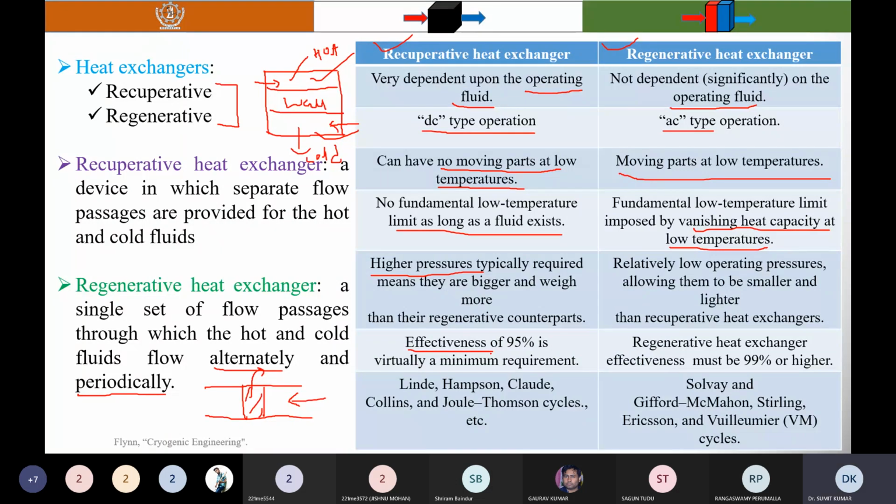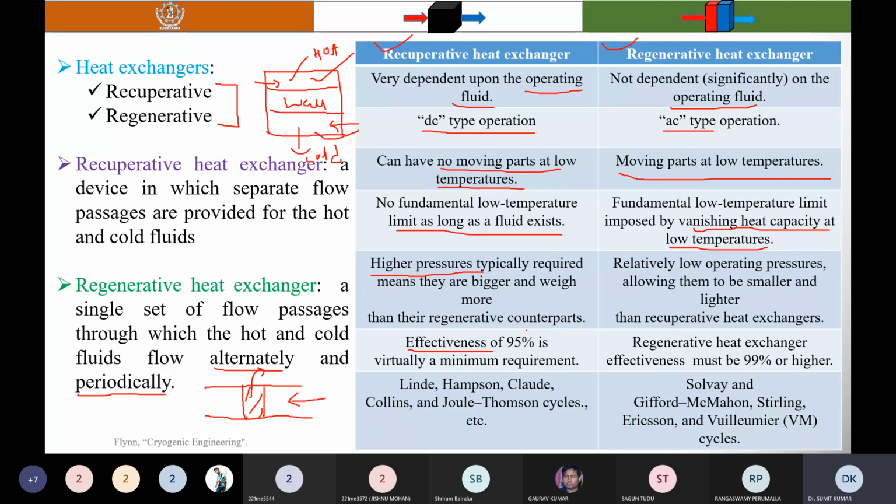When I solve the numericals, I can change the effectiveness, and you can see that by just reducing the effectiveness by 1% or 2%, your liquid becomes negligible.